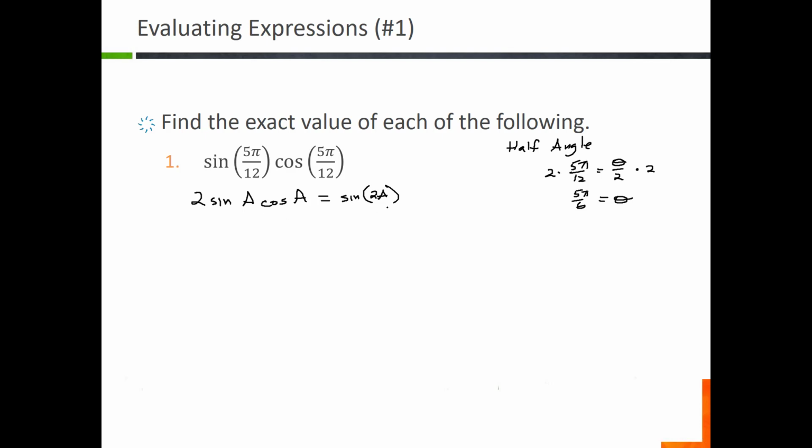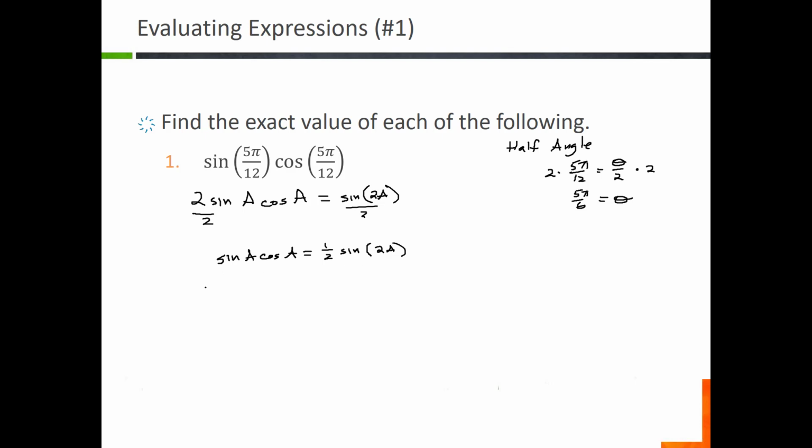So if I know this is an identity, I know it's true, so I could sort of treat it like an equation. I'm not proving it. I'm just rewriting it. So we could divide a 2 into both sides. So doing that means the sine of A times the cosine of A must equal 1/2 the sine of 2A.